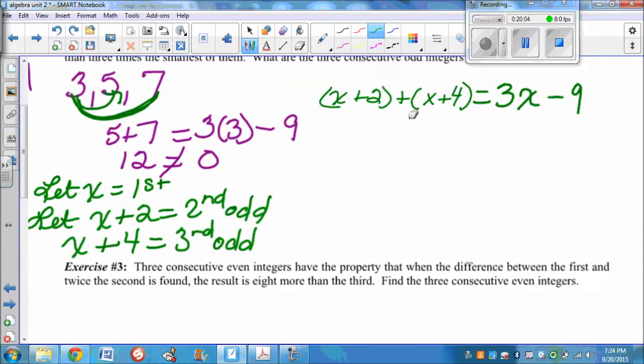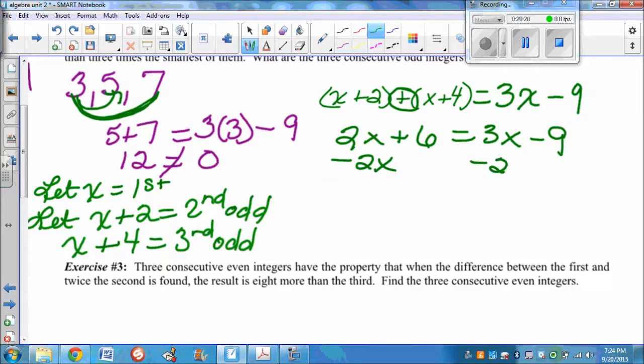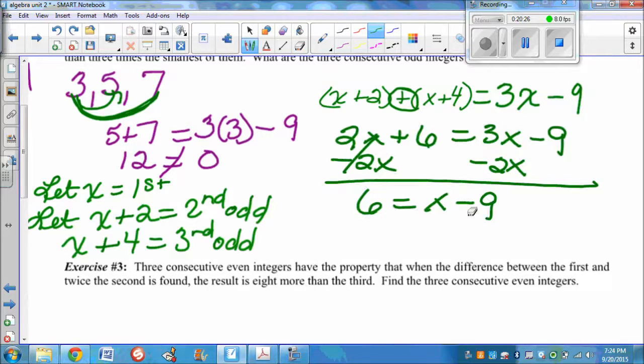So now I put parentheses around it, but we don't need to. Be careful, it's just addition. 1x plus 1x is 2x plus 6 equals 3x minus 9. And solving, minus 2x, we get 6 equals x minus 9, add 9, and we end up with 15.